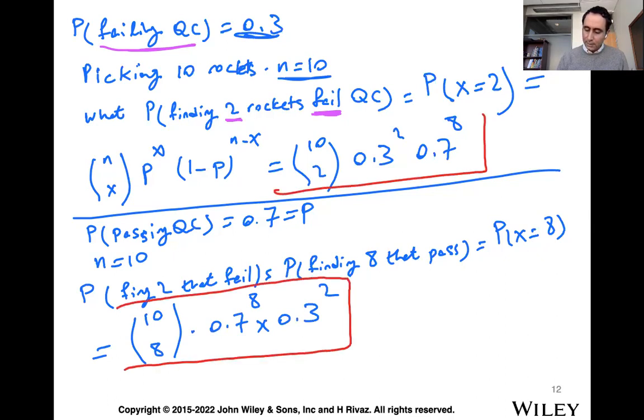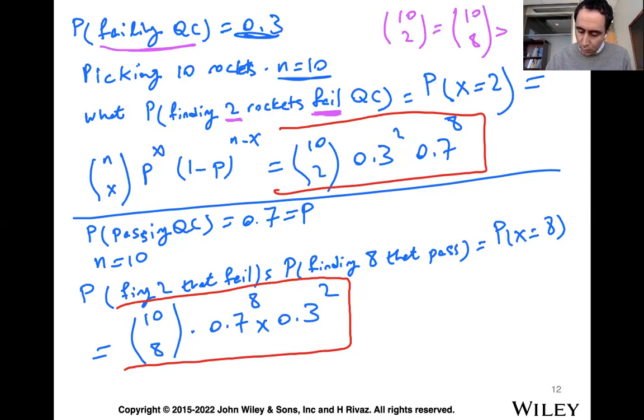These 2 numbers are exactly equal, and the reason is that 10 choose 2 is equal to 10 choose 8. Both of them are 10 factorial divided by 8 factorial times 2 factorial. It doesn't matter if you have 10 objects, the number of times you can select 2 objects is equal to the number of times you can select 8 objects.